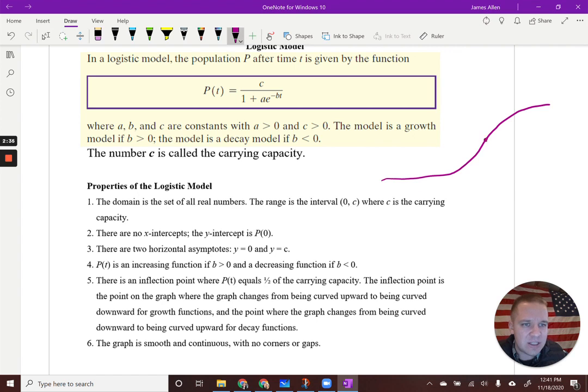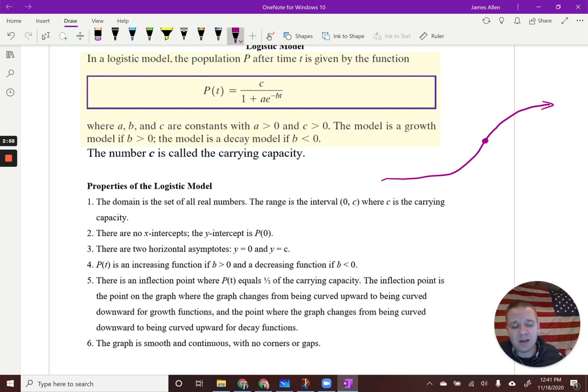It's at its steepest point right here. That would be our inflection point, and that's when it's at half of the carrying capacity. And then it's smooth, continuous, no corners, no gaps, nothing like that. Okay, so those are the wonderful properties of our logistic model.